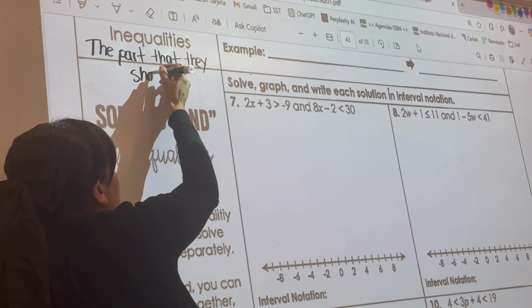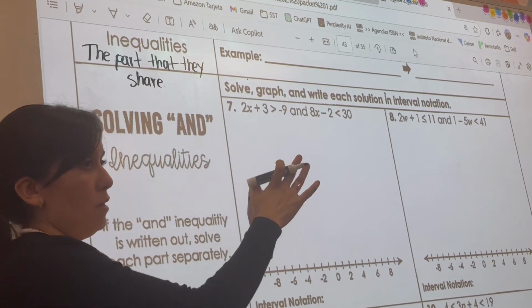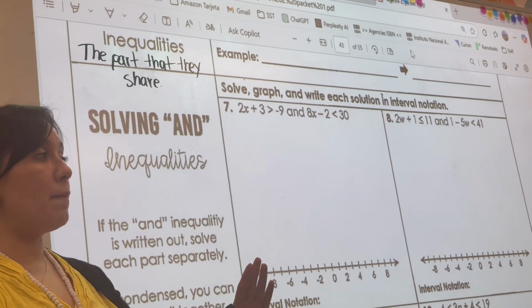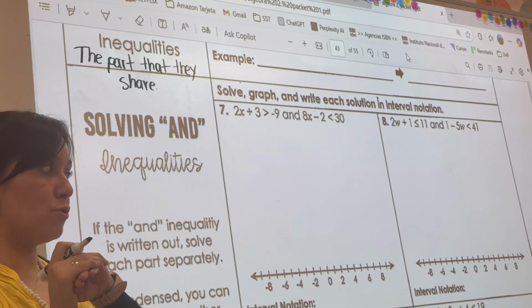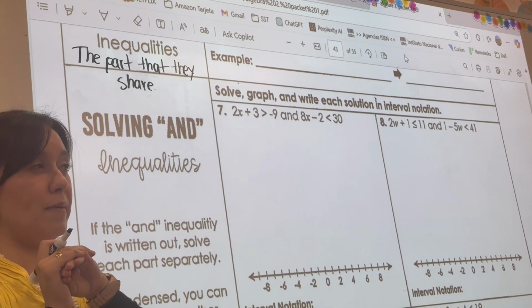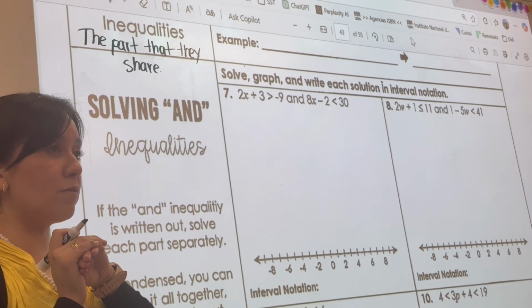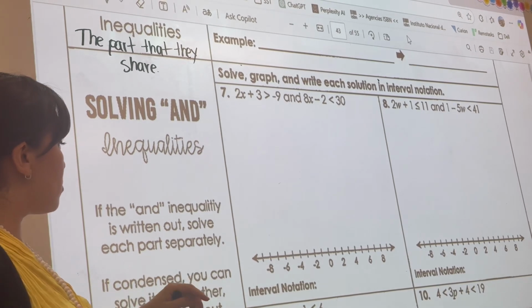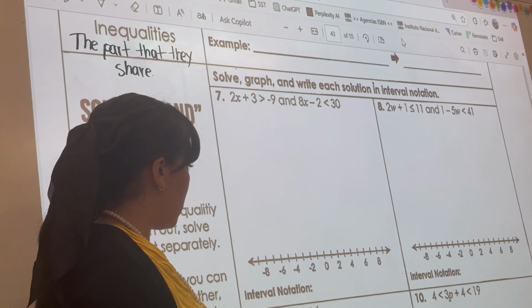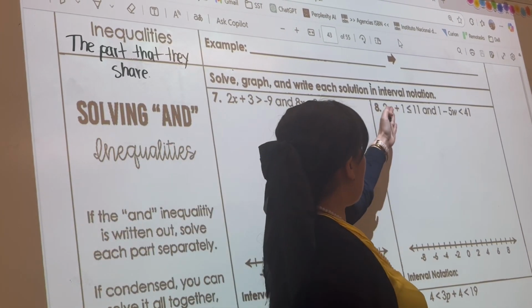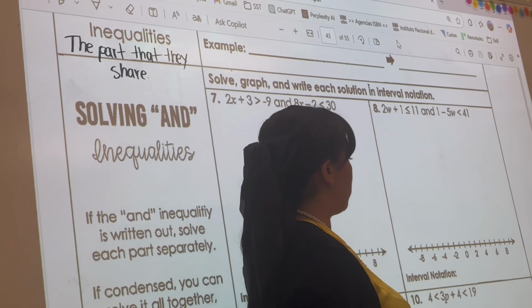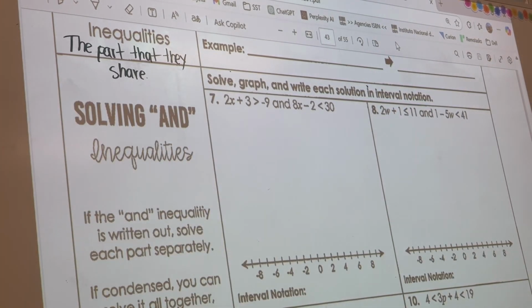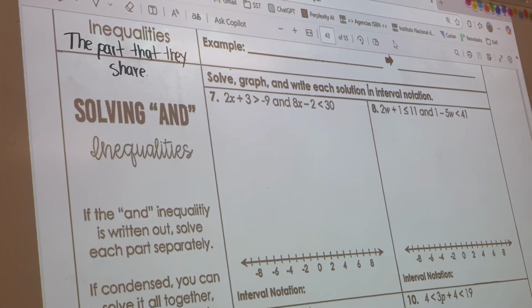So we have to graph the first one, then graph the second one, and the part where they overlap is going to be my solution. Does it make sense? Anybody any question? Okay, so I am going to solve at least 7 and 10, or maybe 8 and 10, so we solve the same ones. And then if you need more, we solve more, okay?